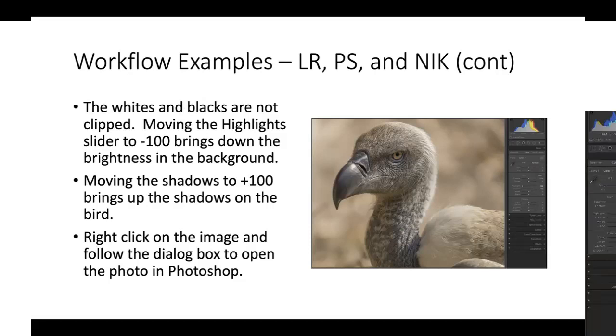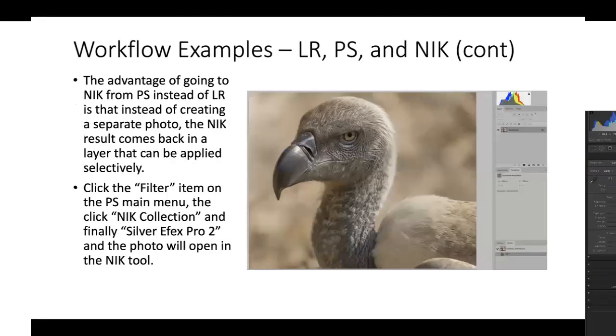And then I right-clicked on the image to do this in Photoshop. Now, why am I going to Photoshop and why didn't I on the last one? Well, on the last one, I didn't have a lot of local adjustments to make.